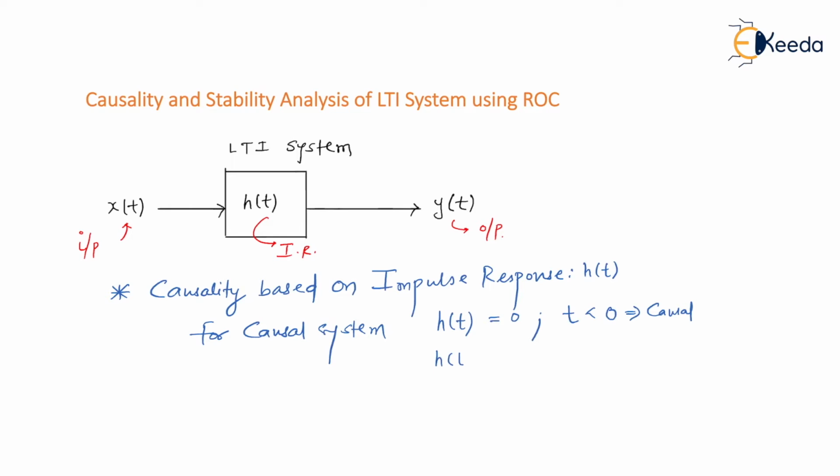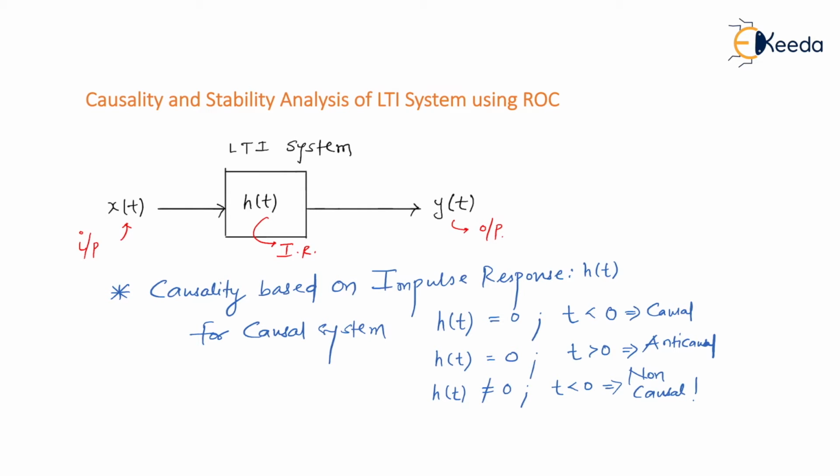If h of t is equal to 0 for t greater than 0, this is called an anti-causal system. And if h of t is just not equal to 0 for t less than 0, this is referred to as a non-causal system. This is how we identify whether the system is causal, anti-causal, or non-causal.